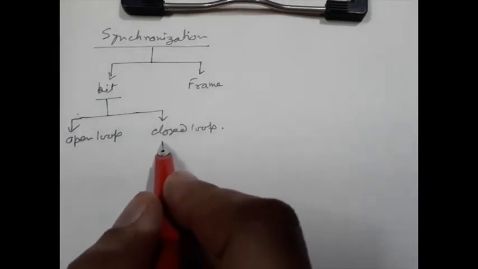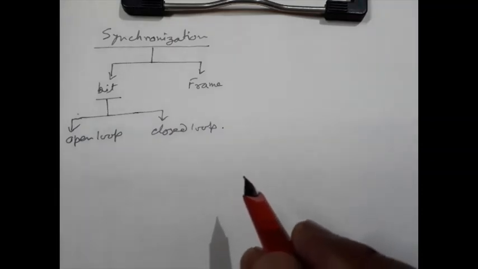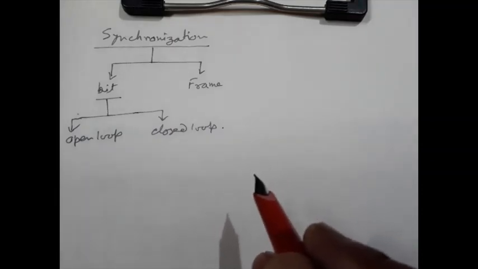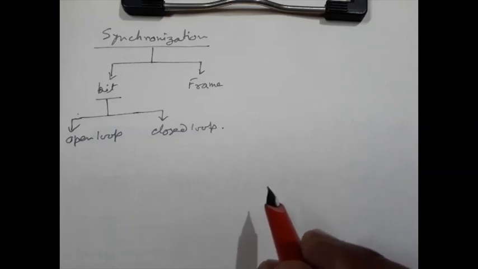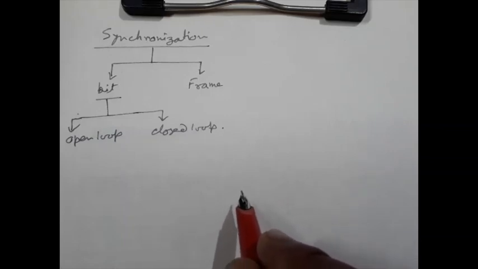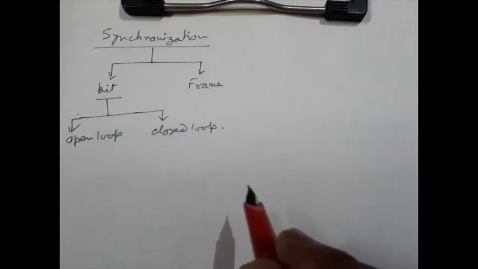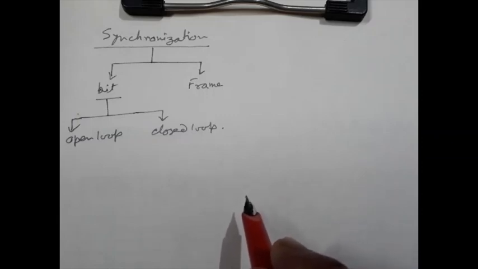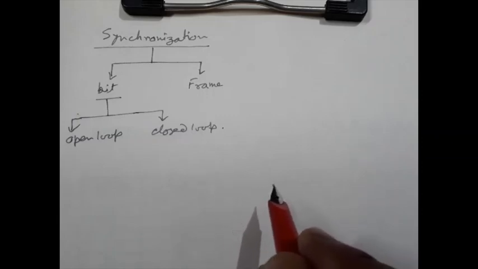And the closed loop synchronizers attempt to lock a local data clock to the incoming signal by use of some kind of comparative measurements on the local and incoming signals.